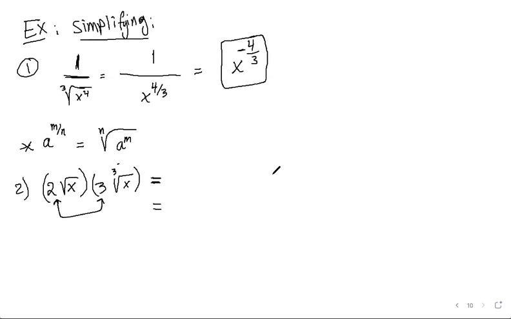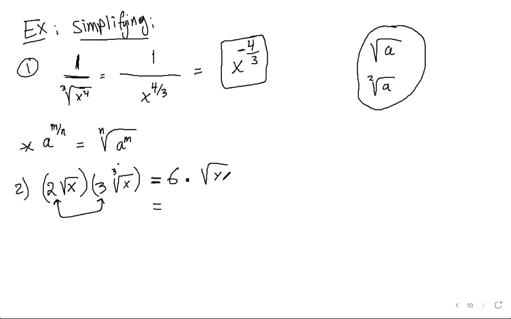Yes. So in general, the square root is written like this, or it's written like this. Both of them are the same. Again, 2 times 3 is 6 times the square root of x times the third root of x. Here we have 3.